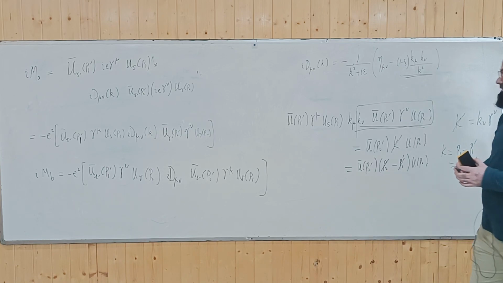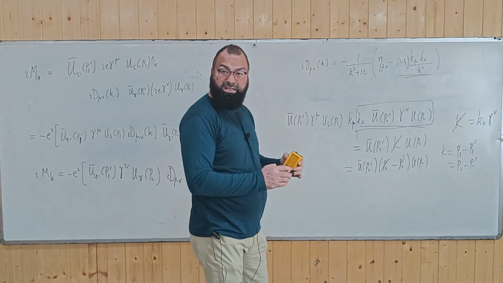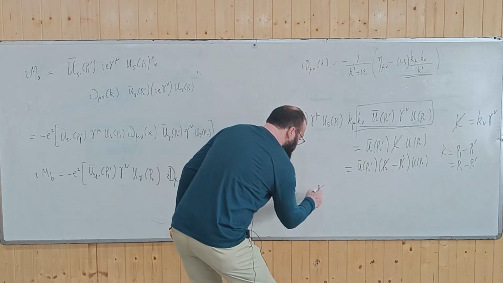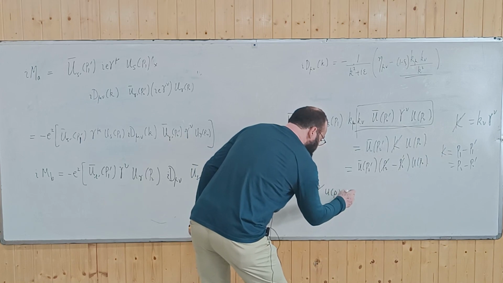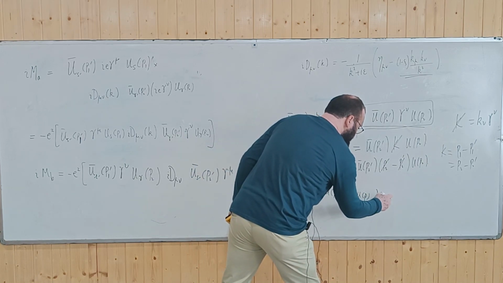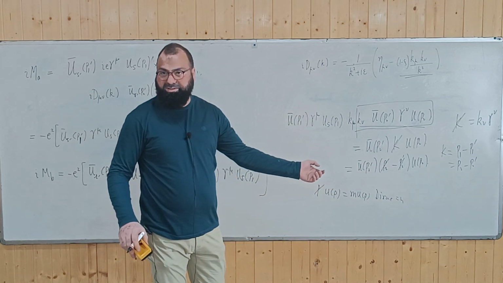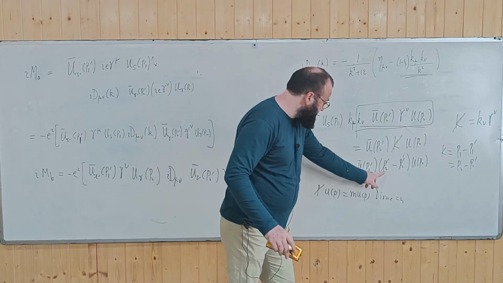Everybody followed it? Now tell me what this object is. What is the Dirac equation? The Dirac equation is p slash acting on u of p is equal to m u of p. That's actually p slash minus m acting on u of p is equal to 0. Understood? Now tell me what this will be.